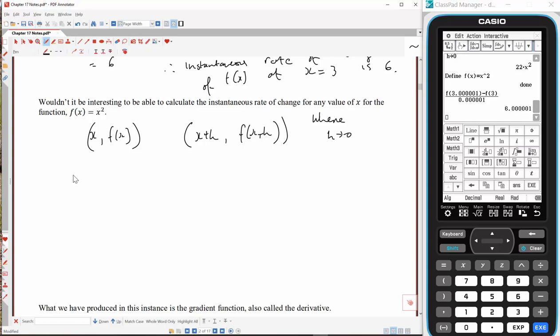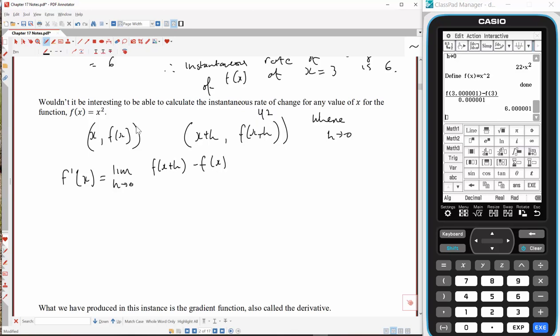Just watch my notation here. I'm going to write this down and explain what I've done. Pop that into your notes, okay? We're going to say the limit as h approaches 0 of f of x plus h, take away f of x.